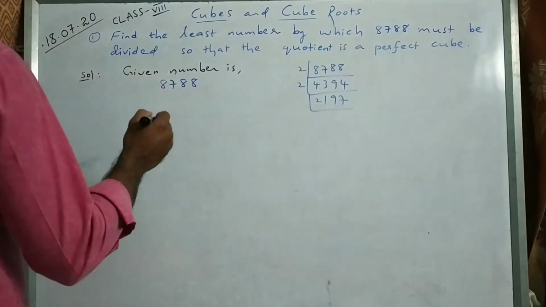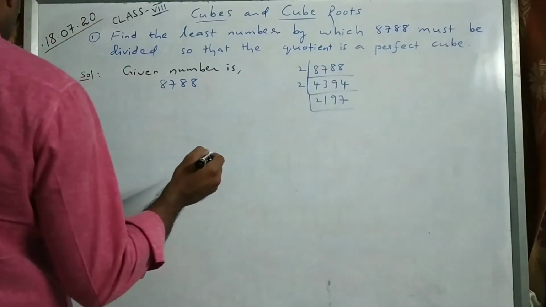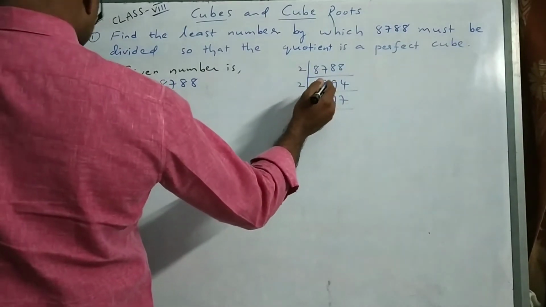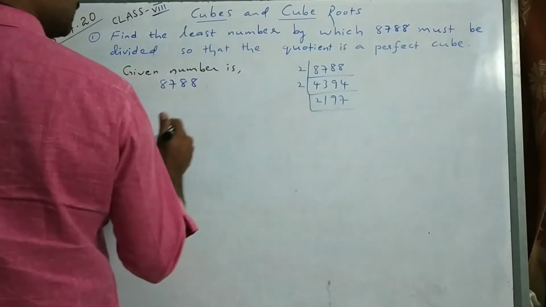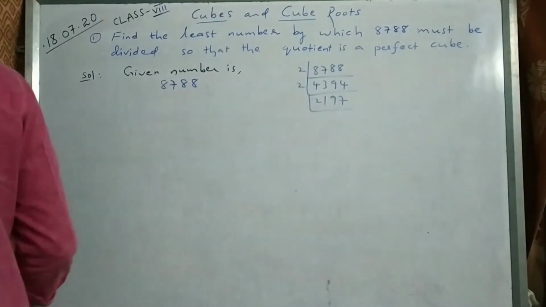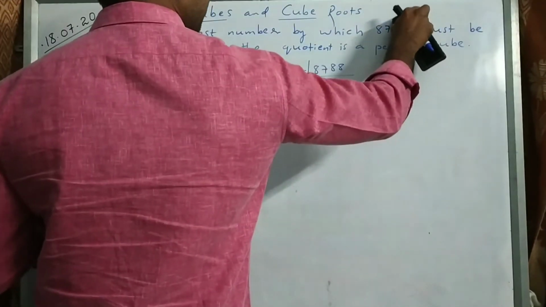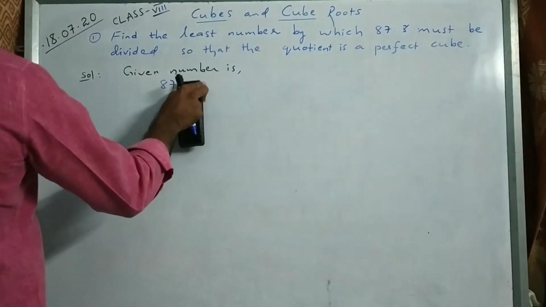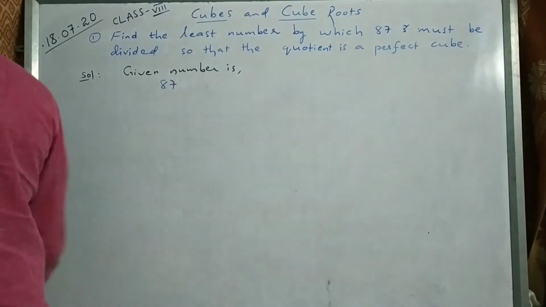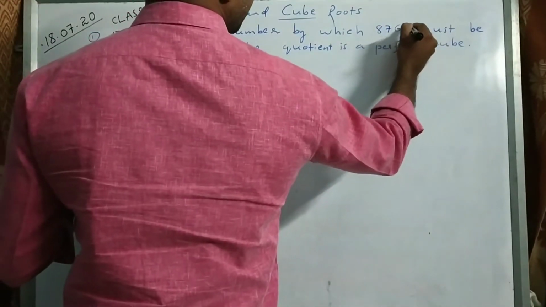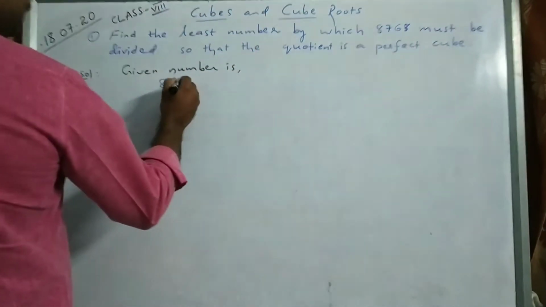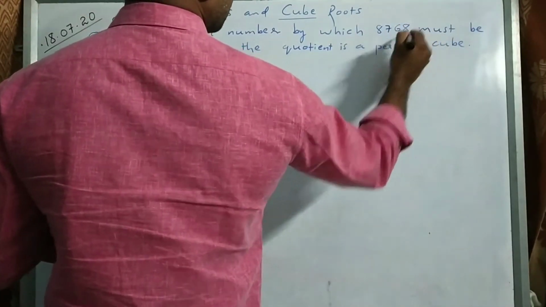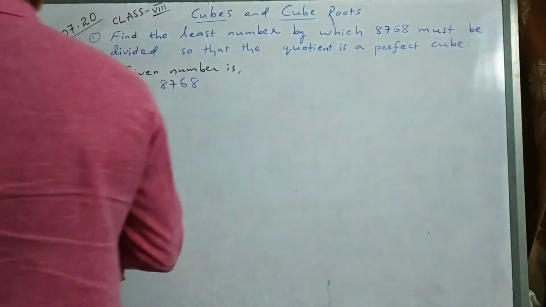Now which table will we see again? 8768, not 88. Now you split this.